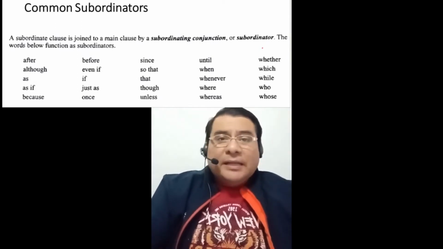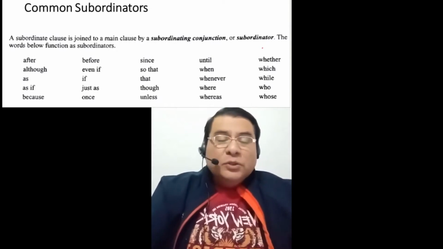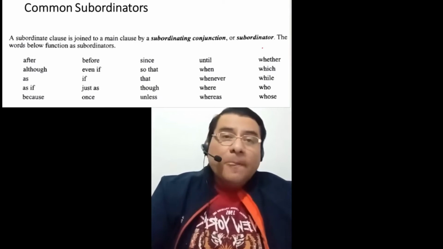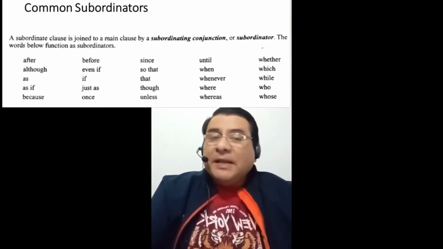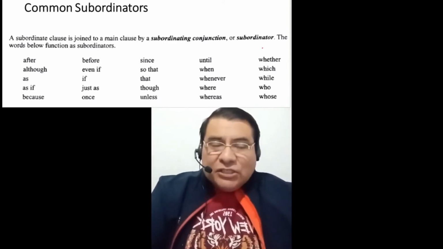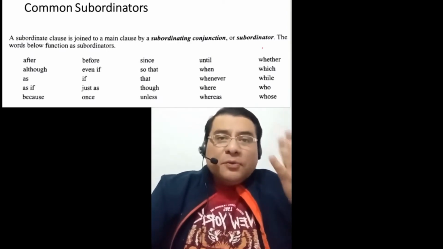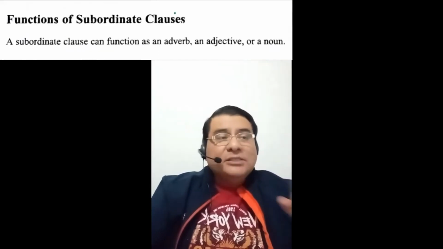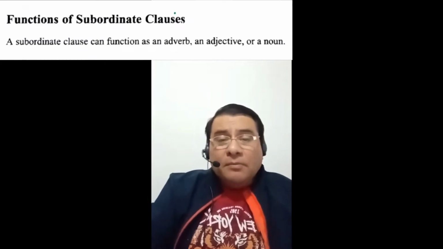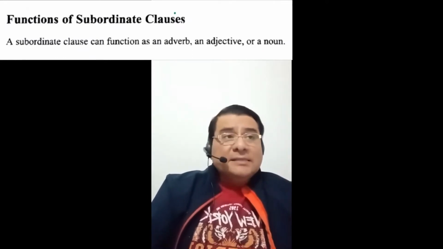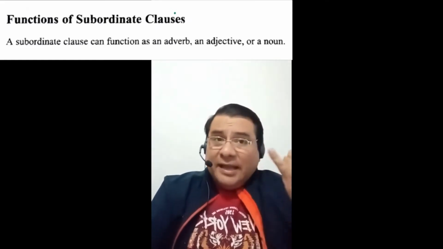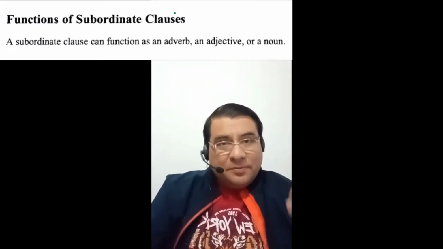Did you know that all these subordinators do not signal the same function that the subordinate clause will perform in the complex sentence? Actually, subordinate clauses in English will perform three different functions, as you can see here. Subordinate clauses can perform within a complex sentence as a noun, as an adjective, or as an adverb.